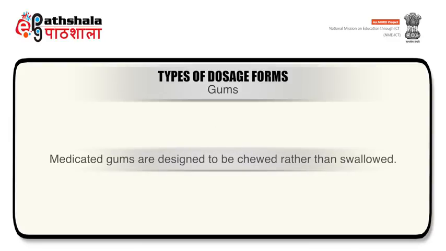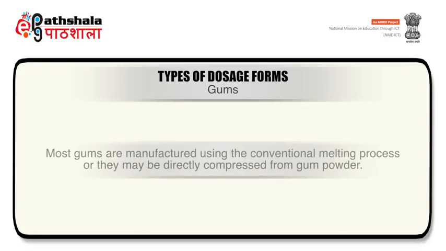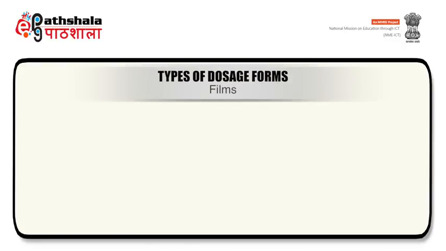Gums. Medicated gums are designed to be chewed, then swallowed. They release the drug substance into saliva and can deliver drugs for local action or systemically via the buccal or gastrointestinal route. Gums are manufactured using the conventional melting process. They may be directly compressed from gum powder. Films.